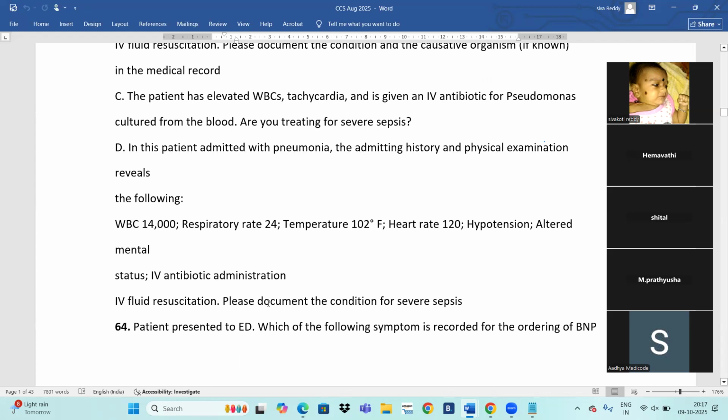They are asking directly, please document the condition of severe sepsis. Based on the indicators, they are asking about sepsis, so it should be non-compliant, leading, right? All the indicators, they are asking sepsis. It should be the non-compliant version.